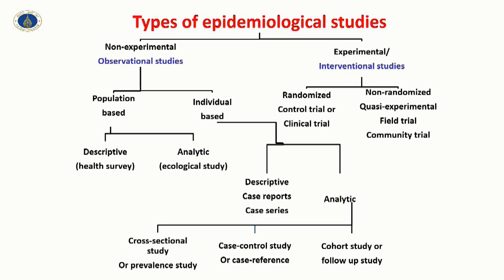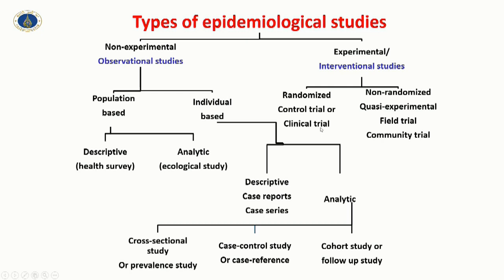So basically there are generally two kinds of studies: observational studies on the left, and experimental trials on the right side. Sometimes we call them interventional studies. The classical application of experimental design is the study in humans, commonly known as the randomized control trial.